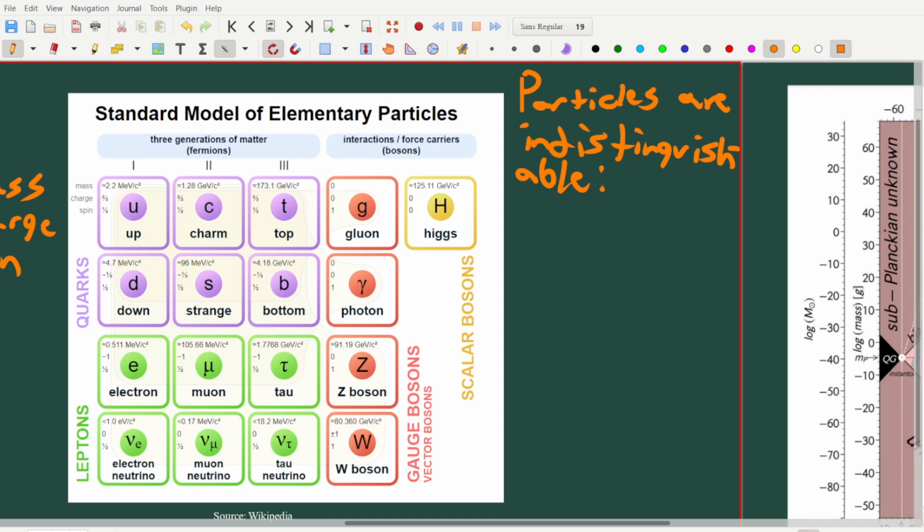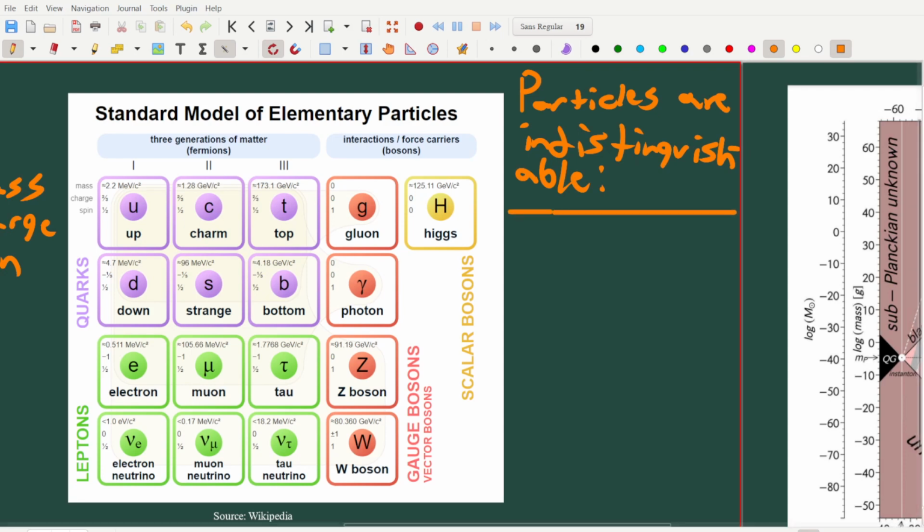Now we'll talk about the specific properties of what a fermion is and what a boson is later, because it's important in chemistry. But let me give you a basic sense of the consequences of being a boson or a fermion.